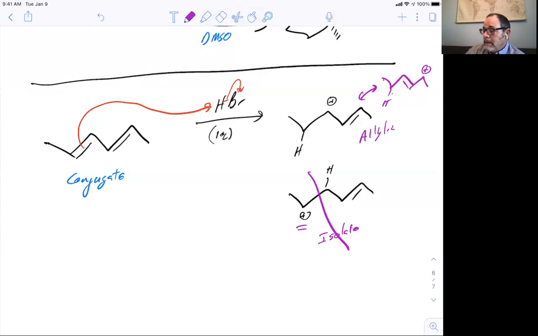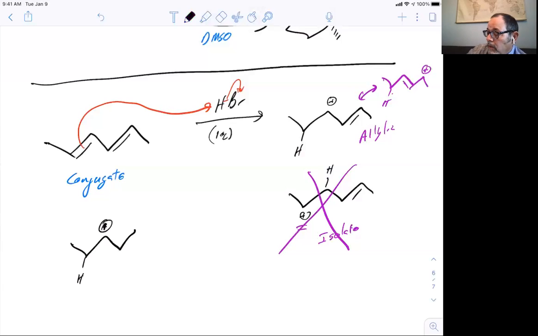So this is not going to be a probable carbocation out of this. It's a possible one, but not a probable one, because it's a much higher energy state.